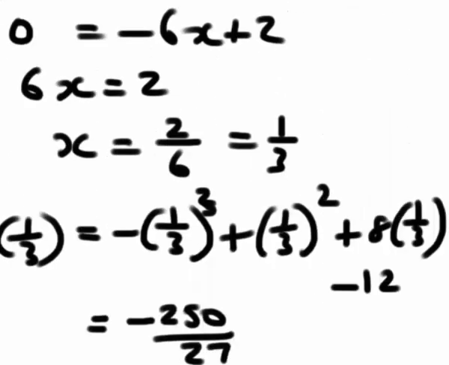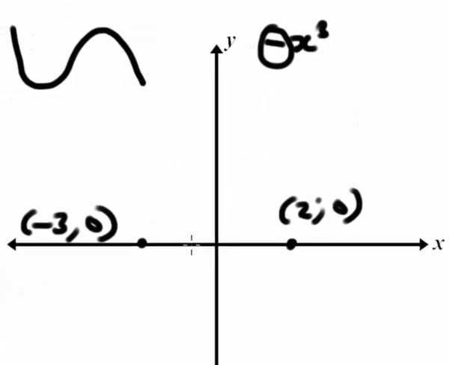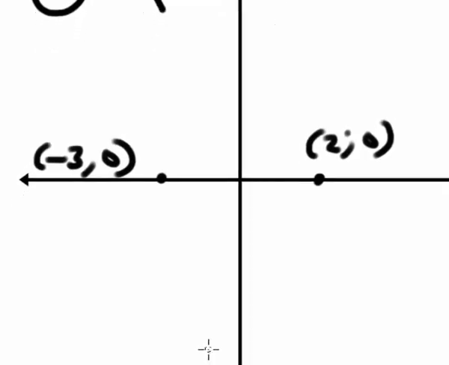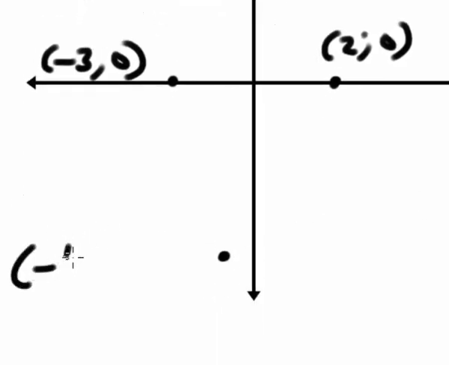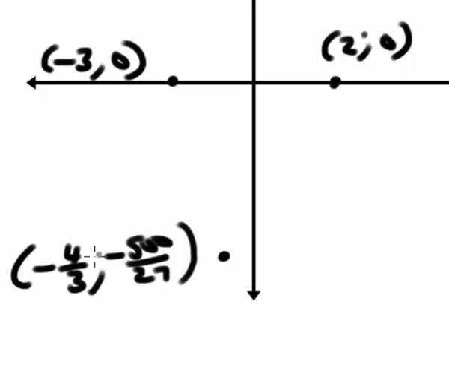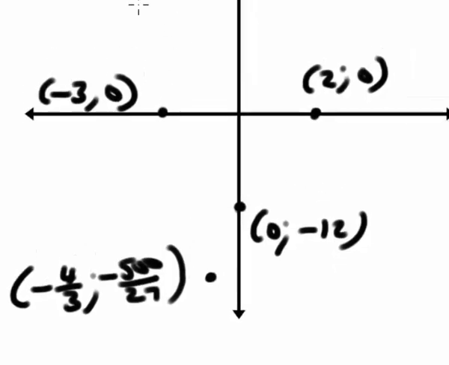Okay, so it's going to be at, not quite there, minus 1 and a third, and somewhere down here. It doesn't have to be perfectly accurate, so we can put our one turning point there, our minimum there, which is about right. And then we've got the y-intercept is 0, negative 12. And there we go. So it's going to come down.